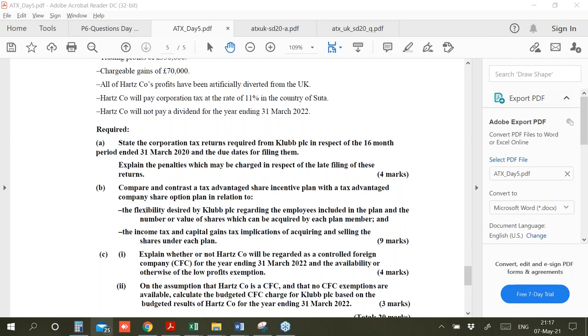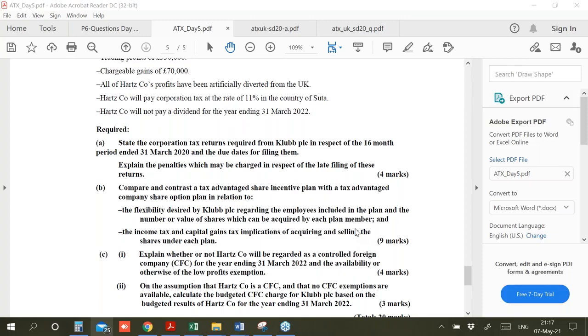So guys, you tell me, after the relevant period of account, which means the period for which we prepare the account, after how many months do we have to submit the corporation tax return? Now, do remember that in 9 months and 1 day we have to pay our tax liability.